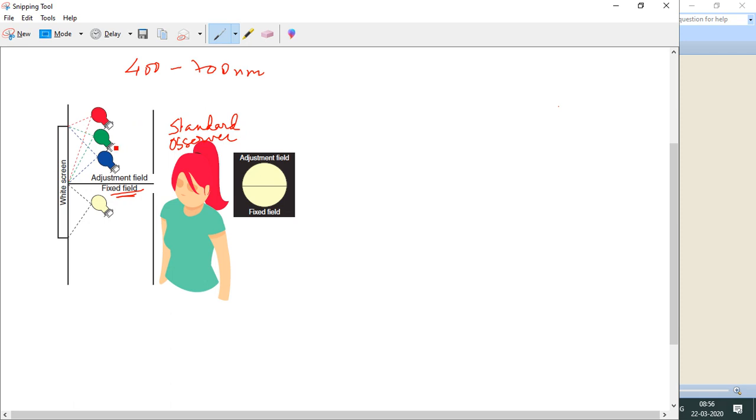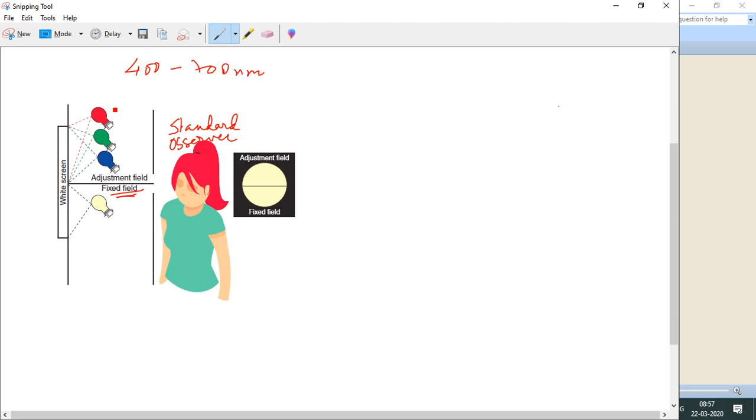The standard observer has control over how much light has to be mixed, of the red, blue and green lights used here. The wavelengths chosen for this experiment roughly simulate the LMS responses of our eyes.